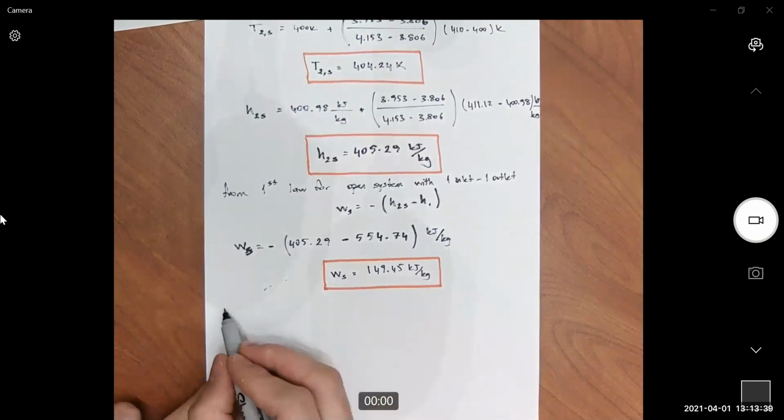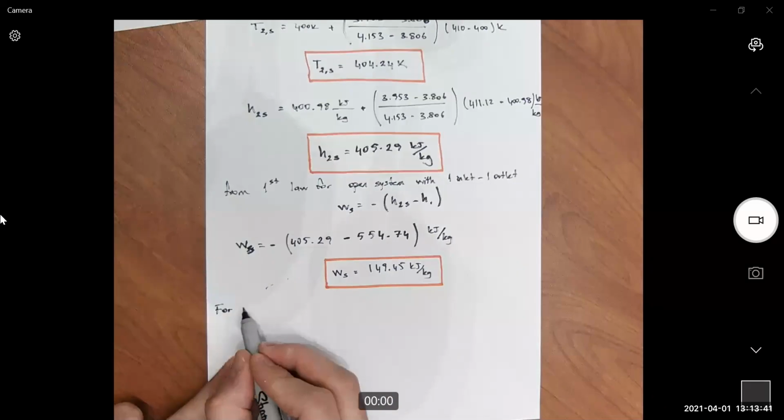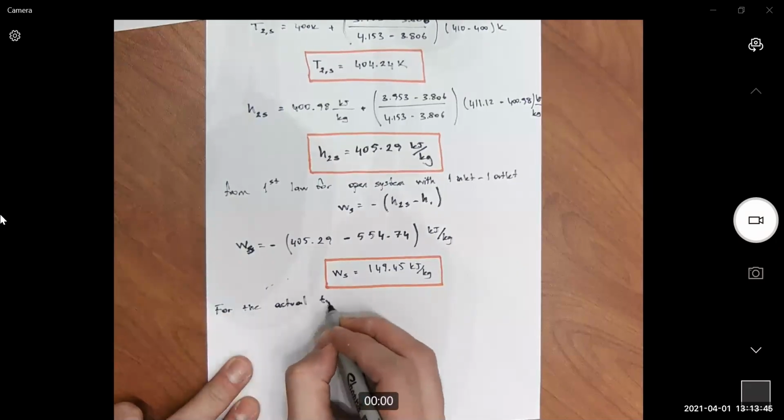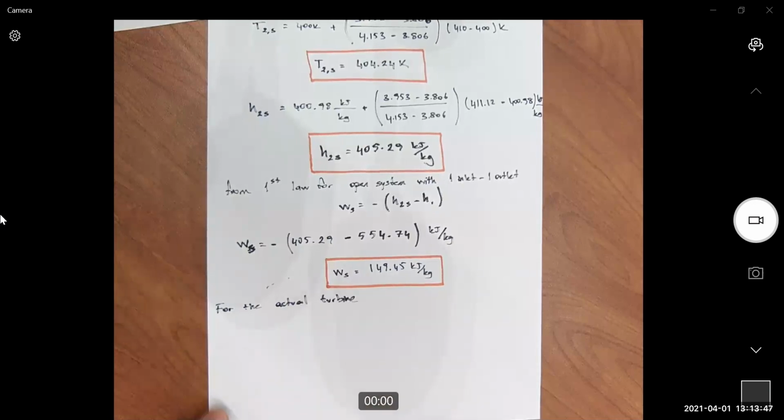Okay. For the actual turbine: by using an isentropic process, I found my ideal work, where I don't have any irreversibilities in the system. But in real applications, I know that there is irreversibility.